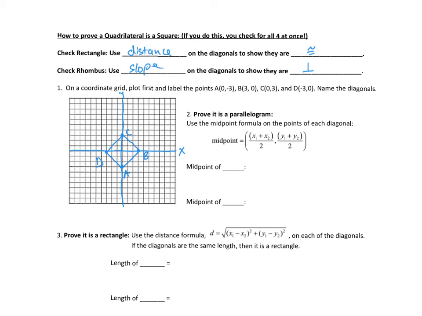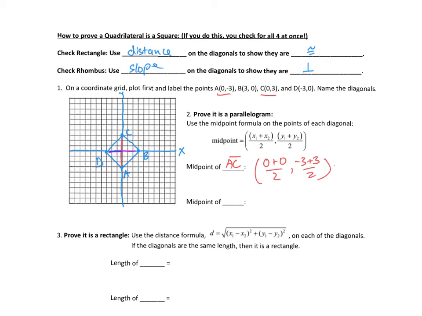We have to find the midpoint using our midpoint formula for our diagonals. So if I draw our diagonals, this is AC and this is BD here. Let's do the diagonal AC first. AC being 0, negative 3, and 0, 3. Our x's are 0 plus 0 divided by 2, and our y's are negative 3 plus 3 divided by 2.